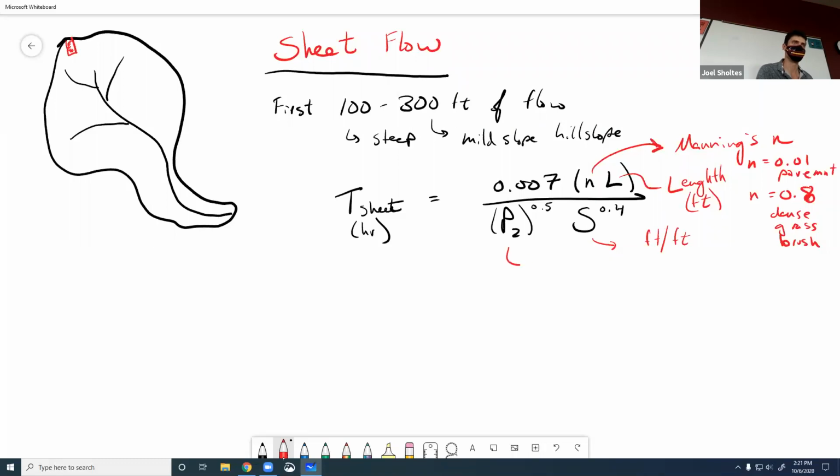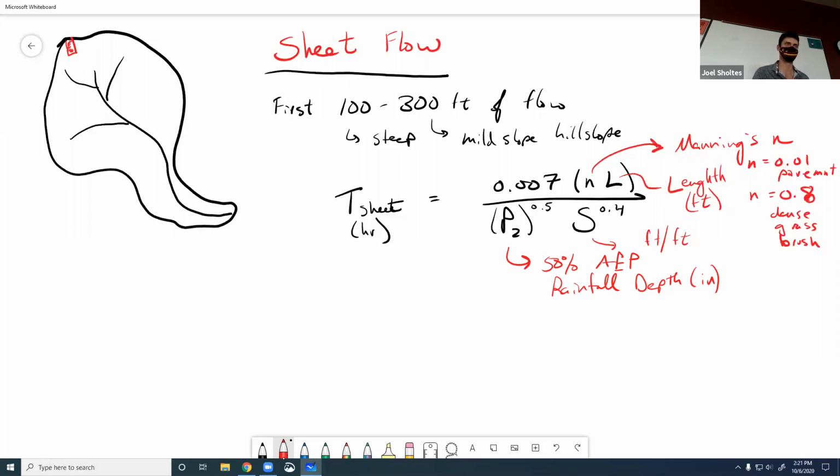And then P2 is the 50% AEP rainfall depth in inches. I love these non-homogeneous unit equations, but that's hydrology for you. At least engineering hydrology, I should say. So it's a weird equation.